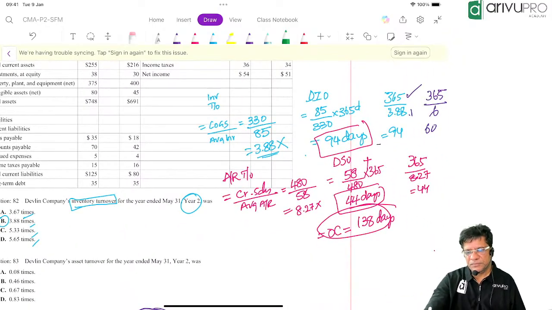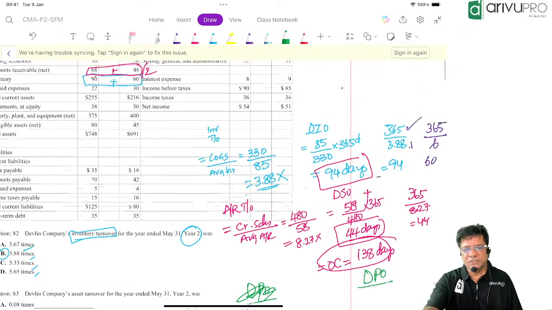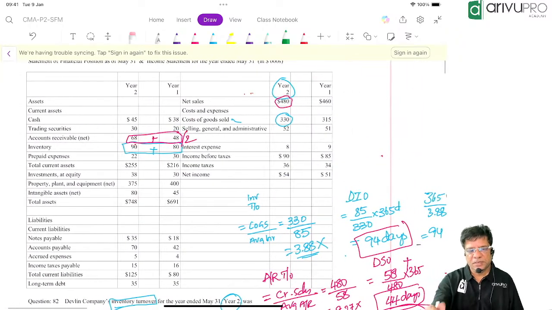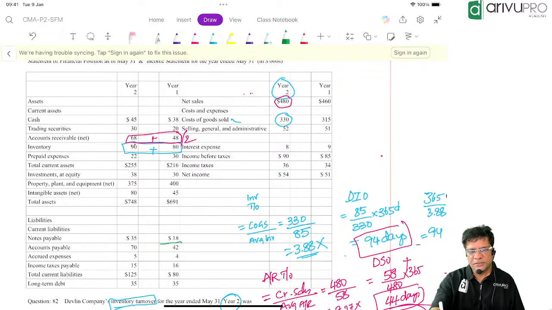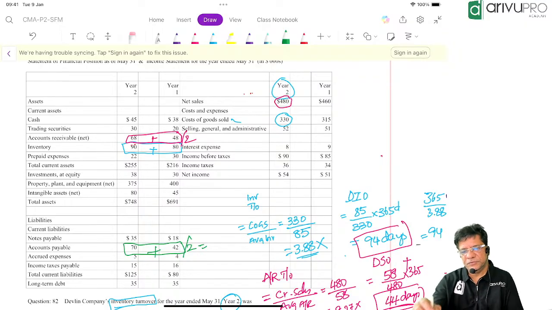DPO. Here average AP, how much? Here in current liability, 70 plus 42 divided by 2. 112 divided by 2 is 56.